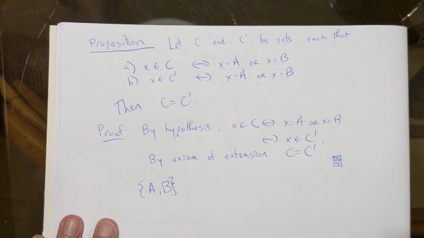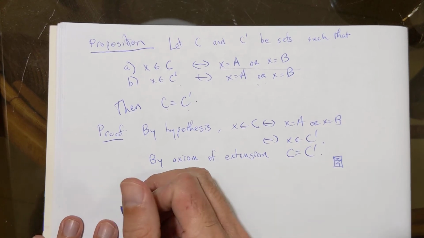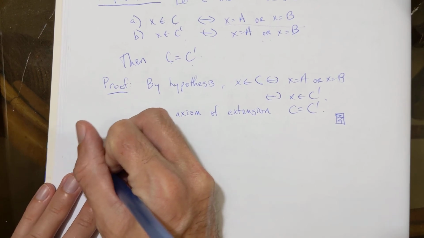The axiom schema of comprehension lets us take a set and cut it down by looking at all the elements which satisfy some property. And the axiom of extension allows us to compare sets. This is the first axiom, well, we'll have others, but this is the first axiom which lets us build up. So to end off the video, let's do an example.